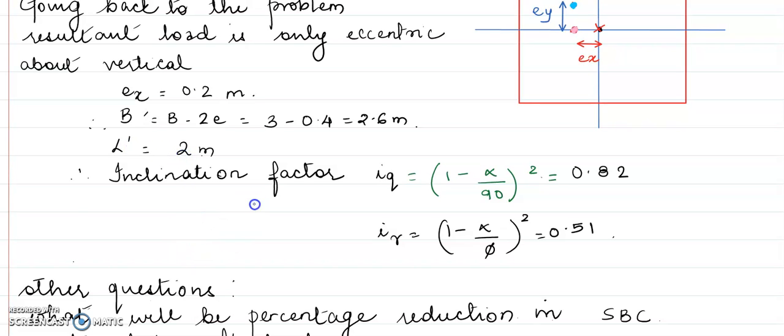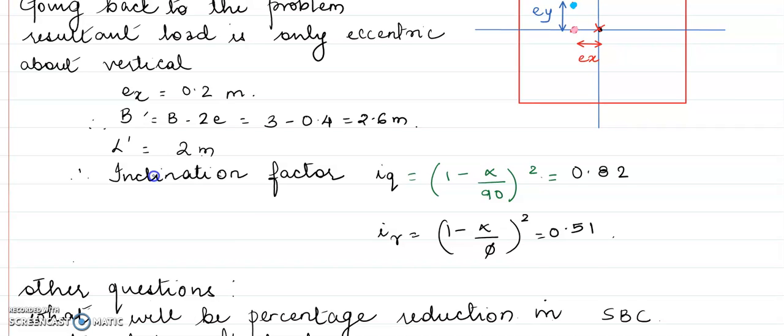Now L nowhere appears in your ultimate load bearing capacity. It doesn't appear, but it does appear at the end if you are finding the bearing capacity as load upon area. In that case, it will appear.